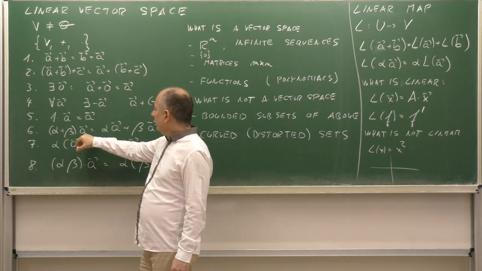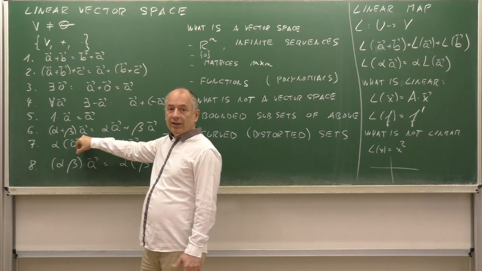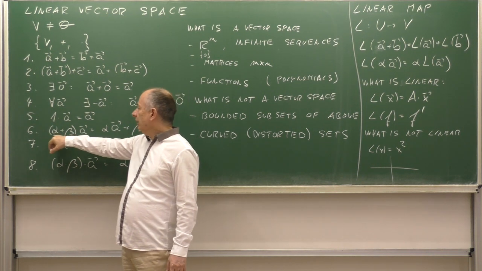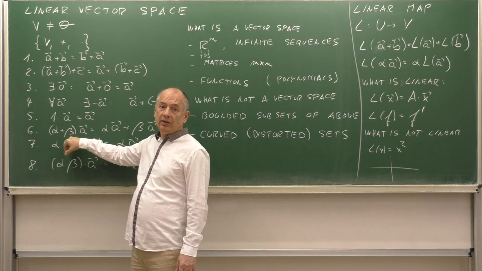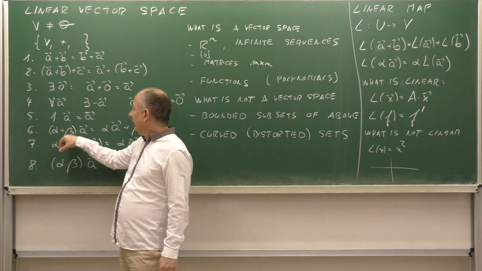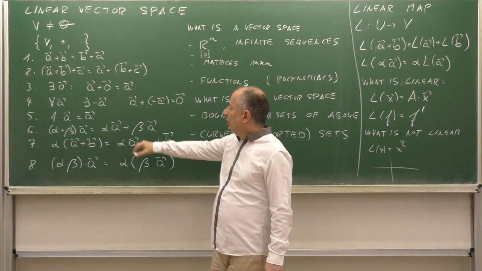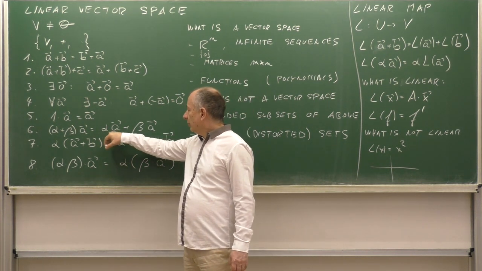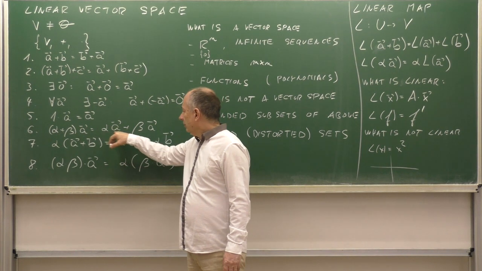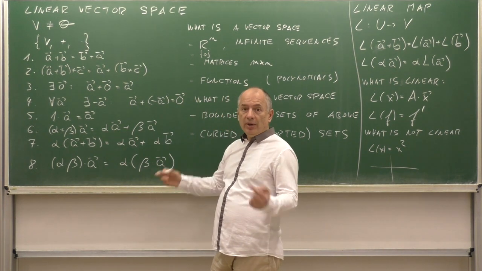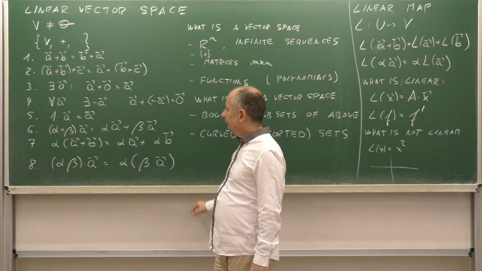And now we want this to be true for any vector A arrow and any 2 scalars, alpha and beta. Namely, if we add the scalars and multiply by the vector, we want to get the same result as if we multiply the scalar with the vector with these 2 scalars and we add these 2 vectors.